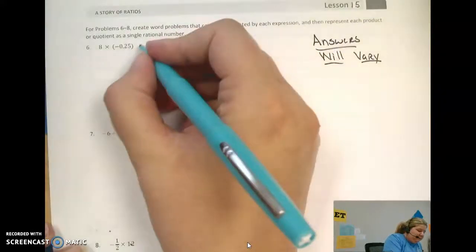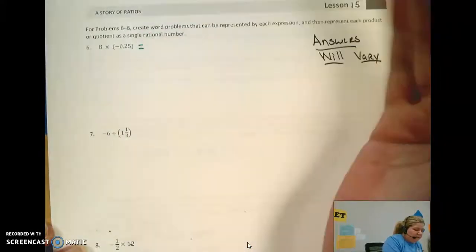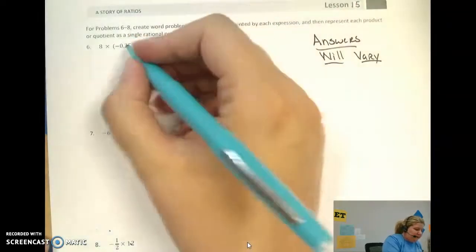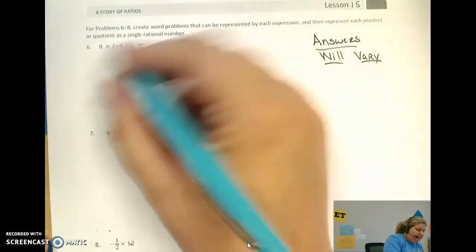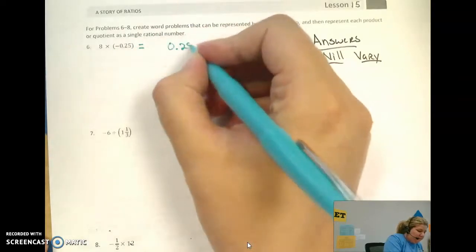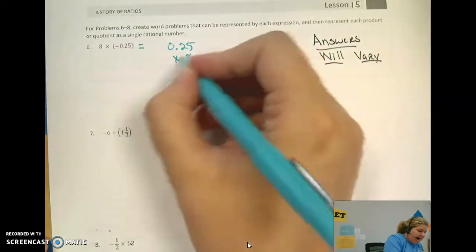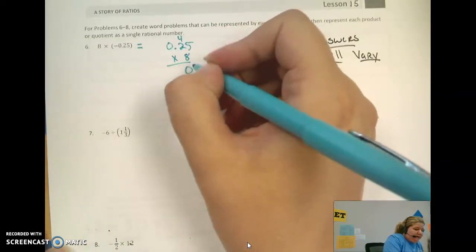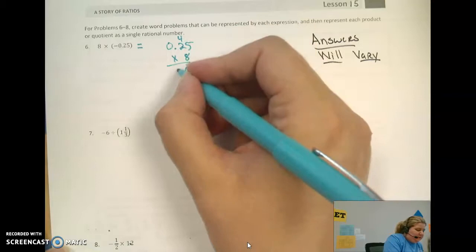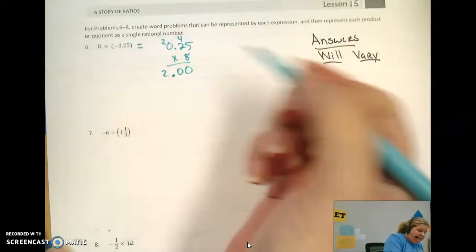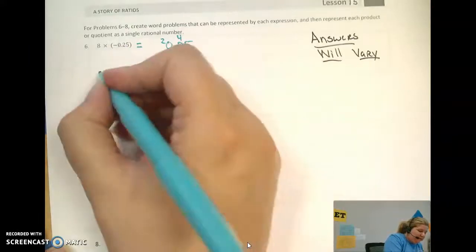At any rate, how much do I owe my mom after 8 days of borrowing 25 cents per day? I would multiply negative 25 cents times 8. 8 times 5 is 40. 8 times 2 is 16. Okay, and then it's going to be negative because positive times negative is negative.